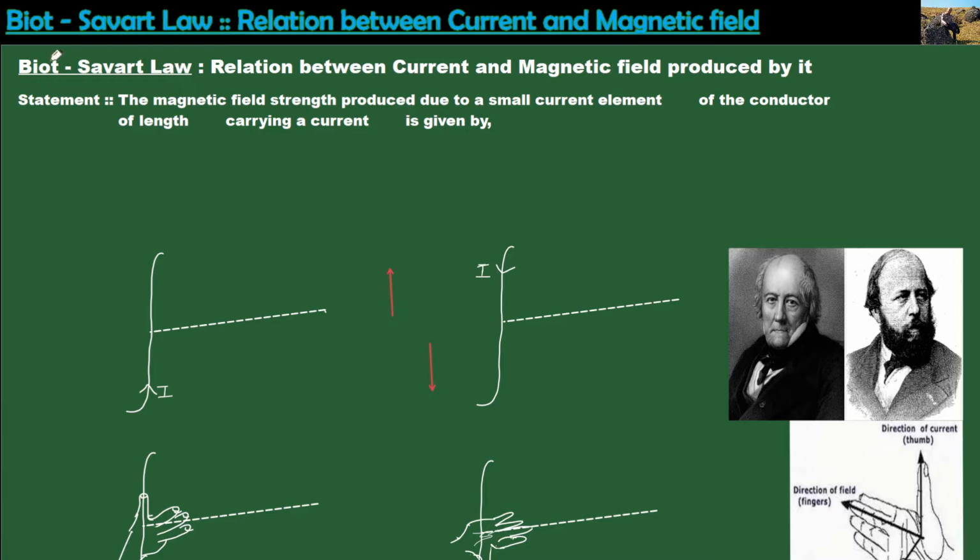It was this law, Biot Savart's law, which laid emphasis on the relationship between the current flowing through that wire and the magnetic field produced by it. So this law gives us a relationship between current I and the magnetic field B produced by that current element or any conducting wire.